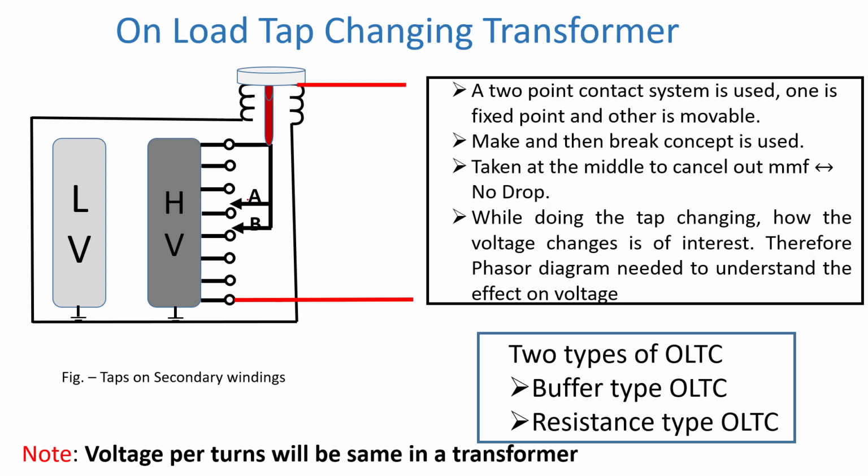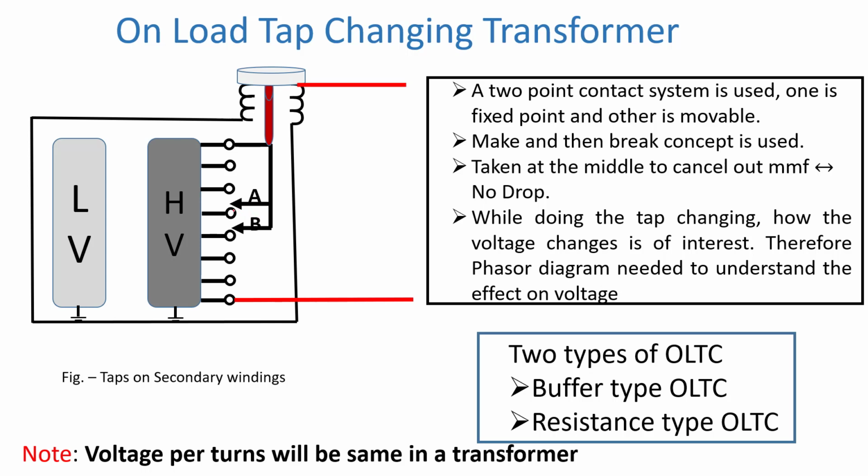So at least one of these connecting arms will always be connected to one of the taps. There will not be any interruption, because current interruption is not good. Current can be diverted, but it cannot be interrupted.